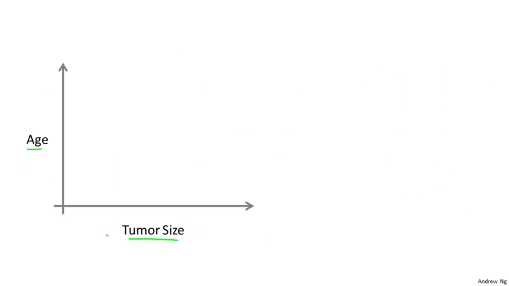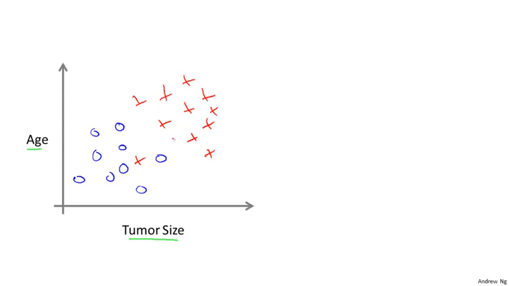In that case, maybe your data set would look like this, where I may have a set of patients with those ages and that tumor size. It may look like this, and a different set of patients that look a little different, whose tumors turn out to be malignant, as denoted by the crosses.